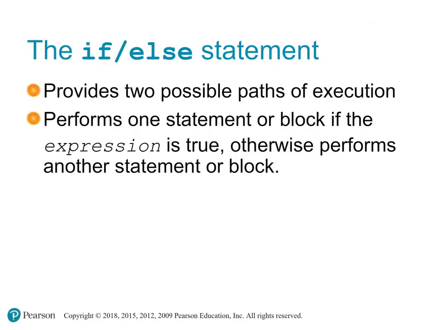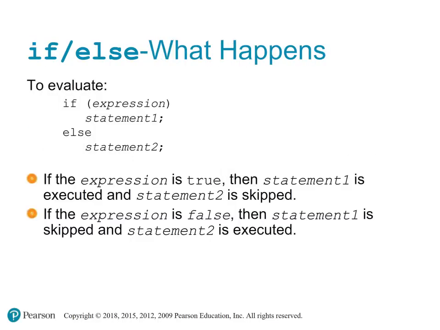The if-else statement allows for two distinct paths of execution based on a condition. It is like a fork in the road. You go one way if the condition is true, and another way if it is false. If the expression evaluates to true, statement 1, which can be a single statement or a block of code, is executed.